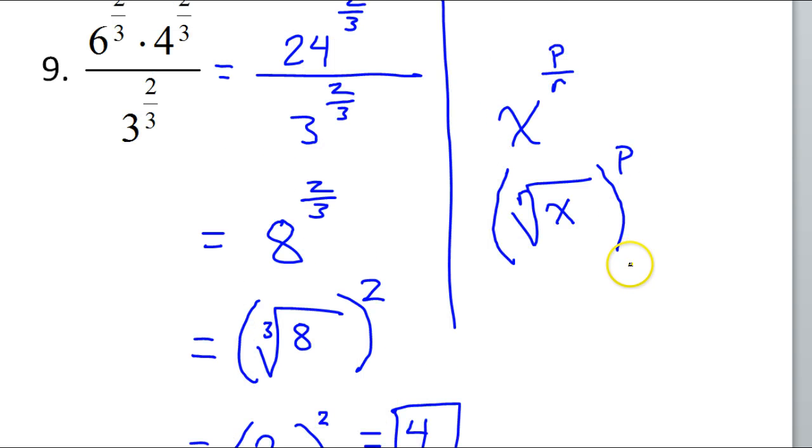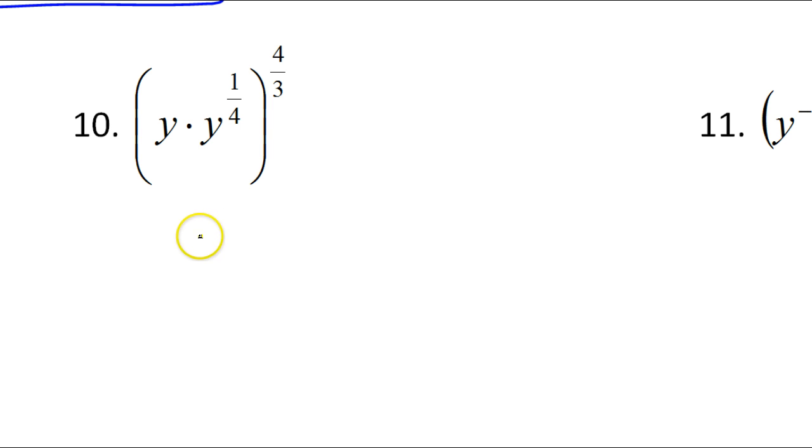So just remember, if you have a fractional exponent, if it's helpful, you can rewrite it as a root and a power, all right? The numerator is the power, the denominator is the root. Okay, here comes number 10.